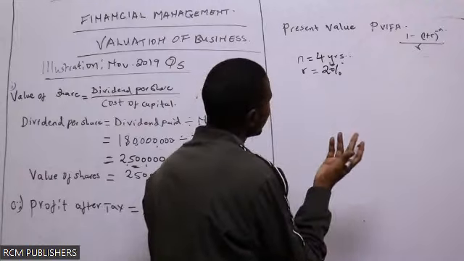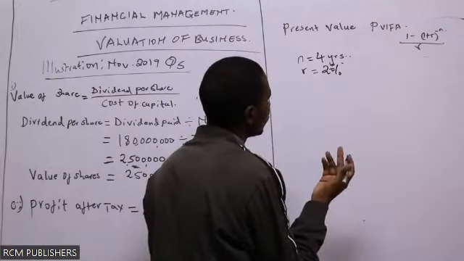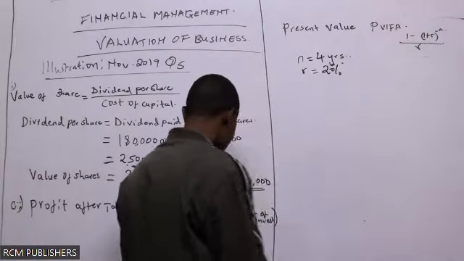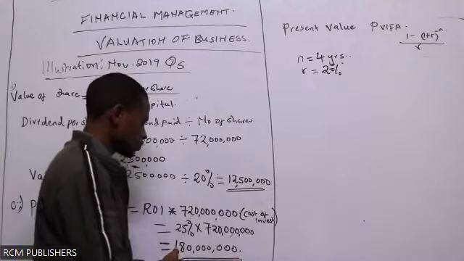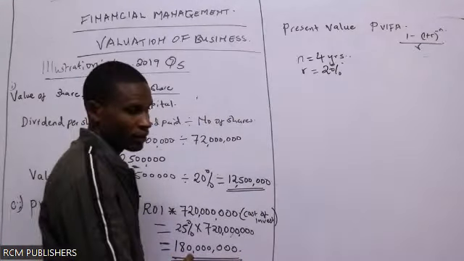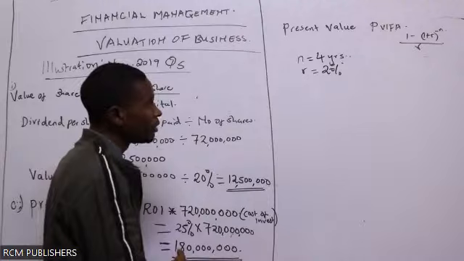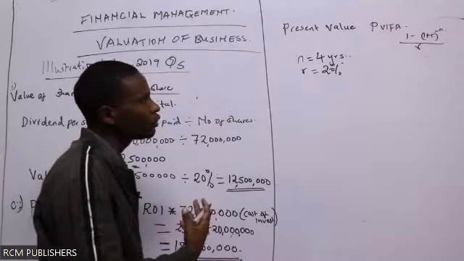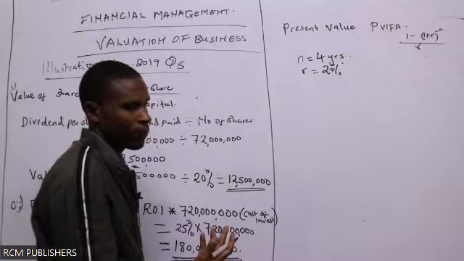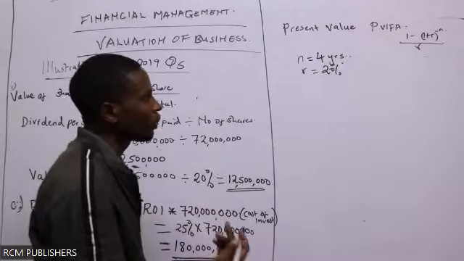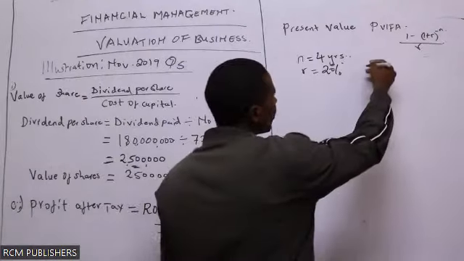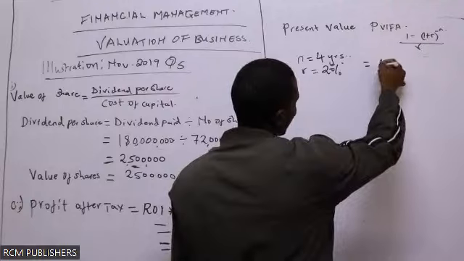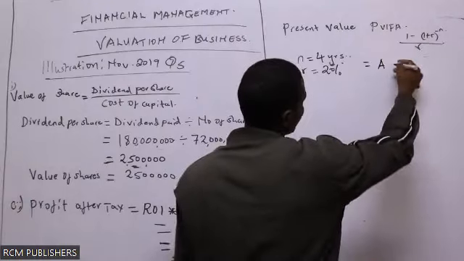And I don't have any other unknown. With that, I have the amount that I have to discount. It is 180 million. With that information, you are able to discount this.